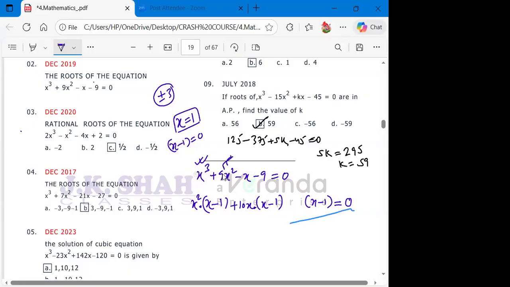But again the dowry came along: 10x into minus 1 is minus 10x. Now what we need is minus x. So what should I do once again? Plus 9. And if the last marriage is done properly, the final member will automatically be right. Just see, 9 into minus 1 is what?